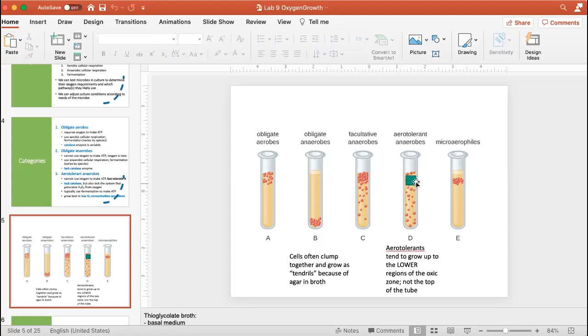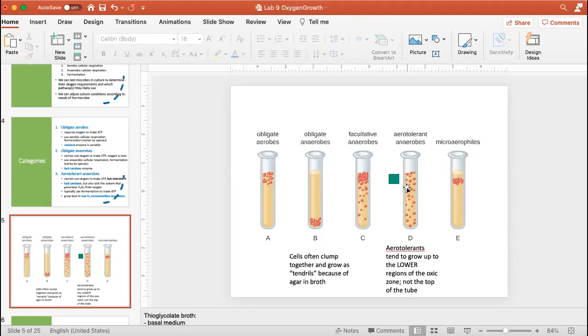So I put this square here because in this source material, I'll move the square for a minute. In the place where I got this image, and I do like this image, the artist drew it as though there was no one place in the tube where they grew best. And that's just not what we see in real life.